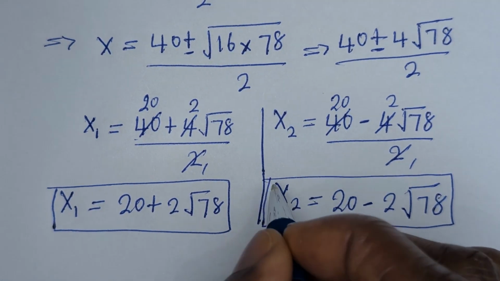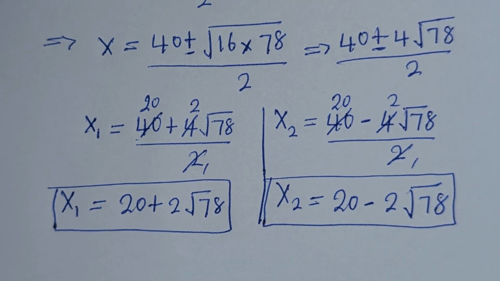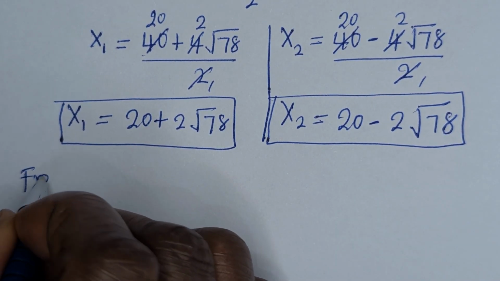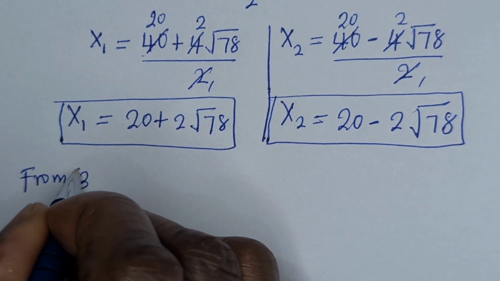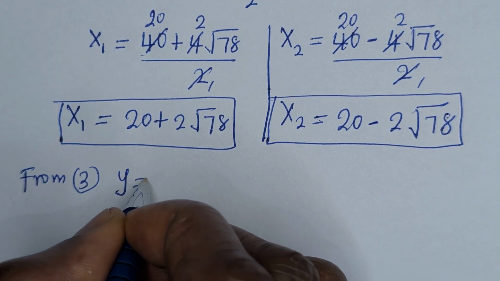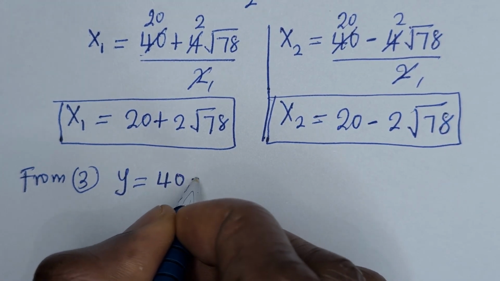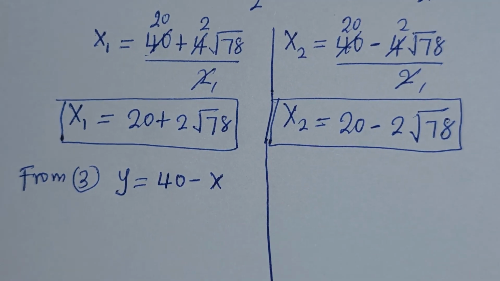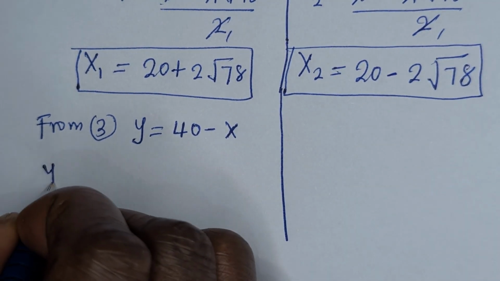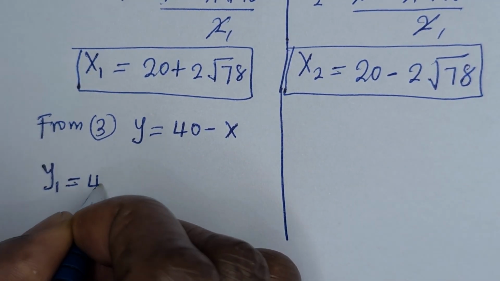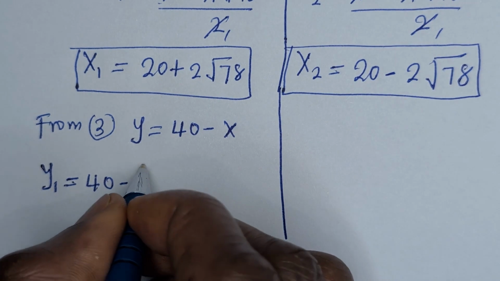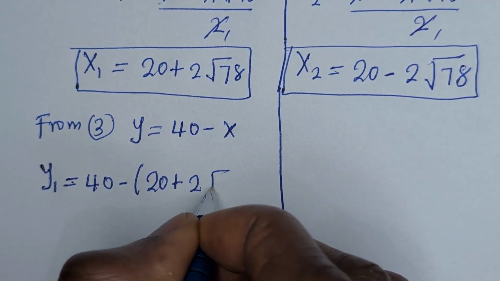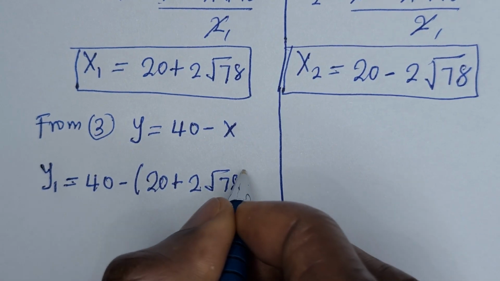We've gotten the value of x1 and x2. Let us solve for y1 and y2. Then from equation 3, y is equal to 40 minus x. Now y1 is equal to 40 minus x1, which is bracket 20 plus 2 root 78.